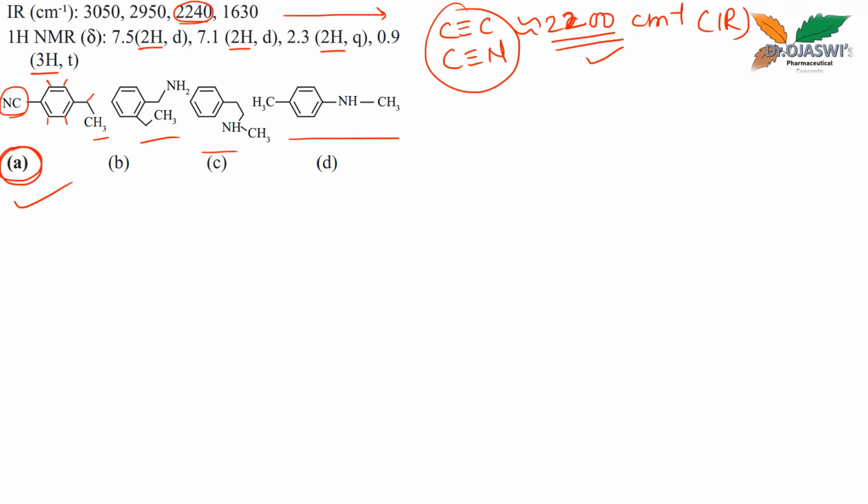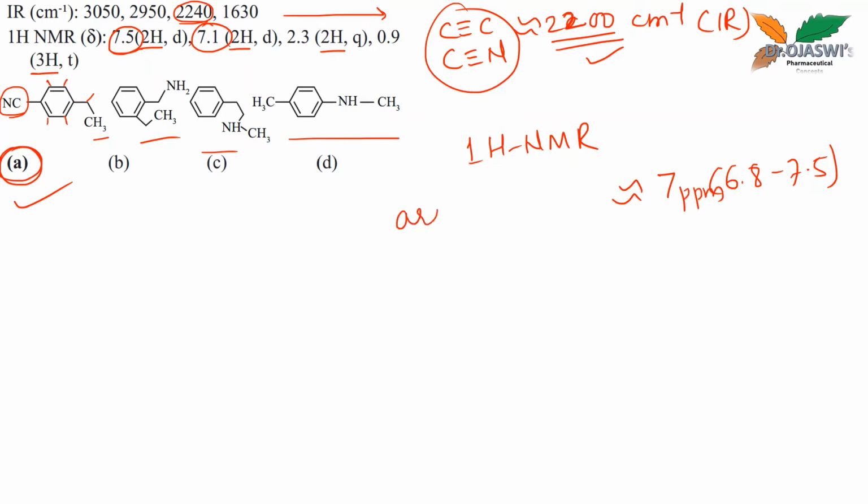Then 7.5, 7.1. In 1H NMR, whenever we get a peak around 7, so it is 6.8 to 7.5, in this range whenever I get a peak, that is mostly because of the aromatic protons. So what do I observe here? I observe that there are two peaks, and each peak is representing two hydrogens.